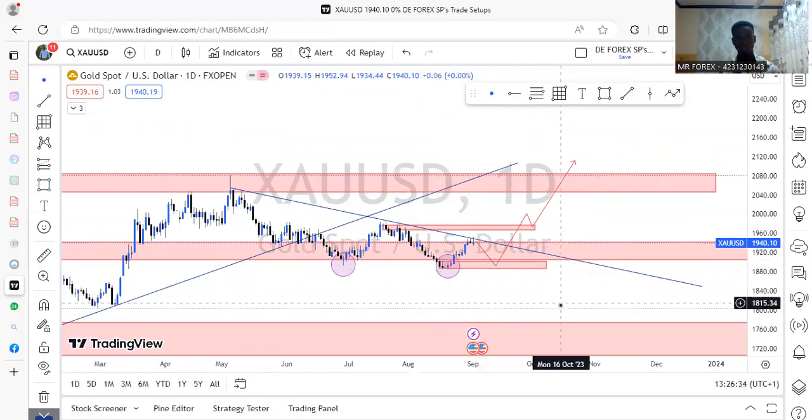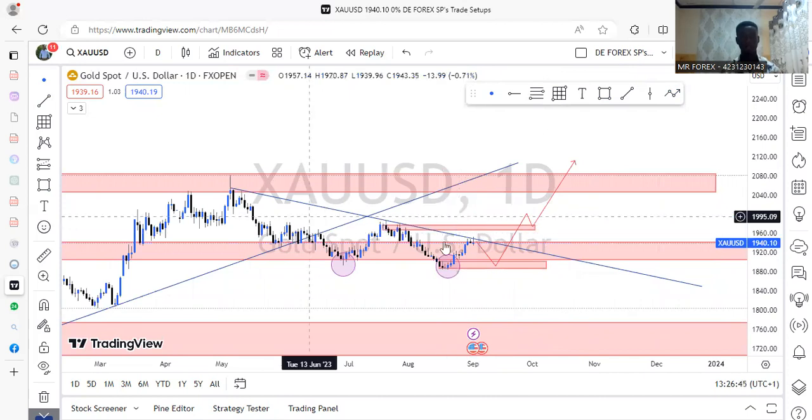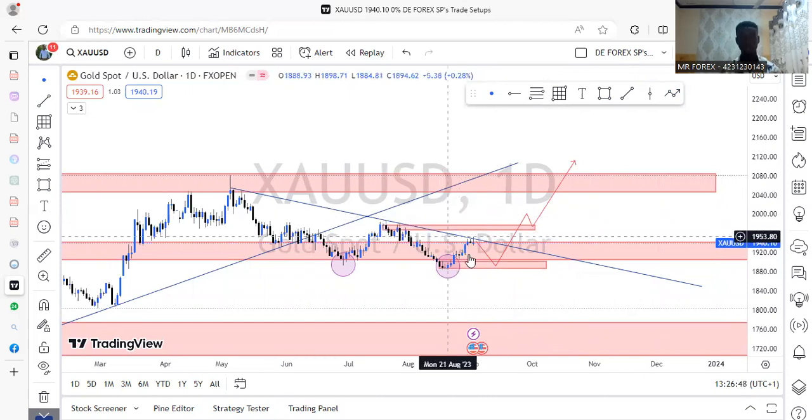Since we are expecting a move up on DXY, there is also a possibility that gold is going to move down. And it is even confluencing. It is at the downtrending line. Price is currently trading on the trend line. However, if there is a break of this trend line, we expect price to also be objected by this area.